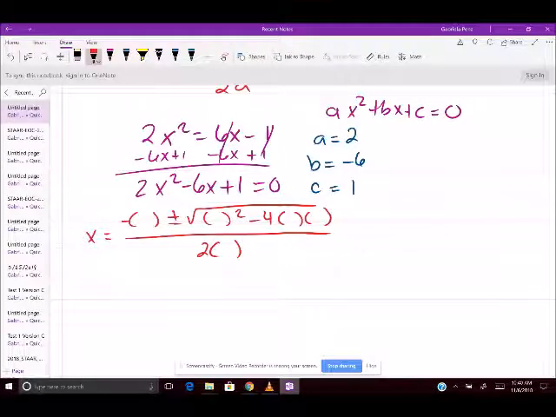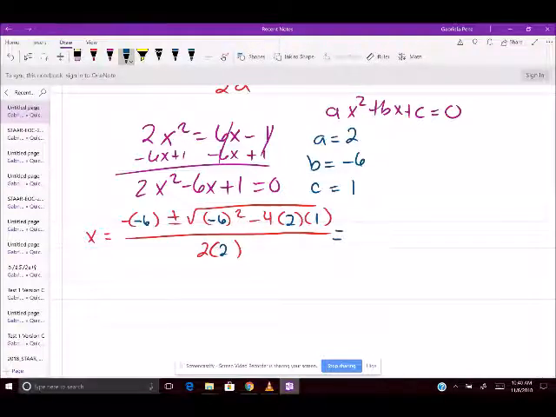Okay? So the first parentheses and the second parentheses both get replaced with a negative 6. This one gets replaced with a positive 2, and a 1, and a positive 2.